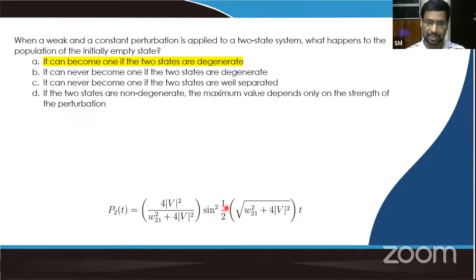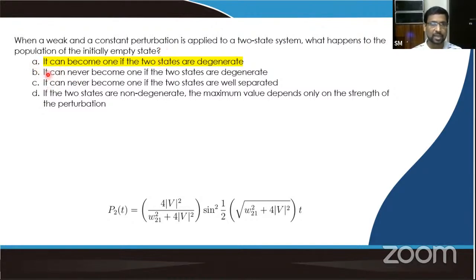So the population of the second state can easily become 1. Of course, we have to wait for some time, but no matter how weak the perturbation V is, the population of the second state can become 1. There is every chance.